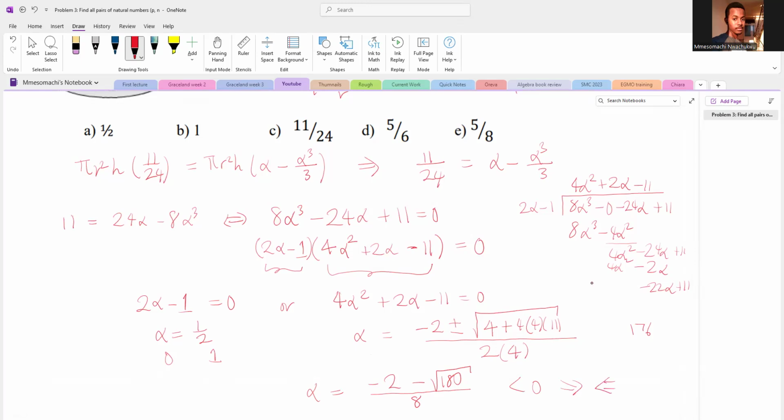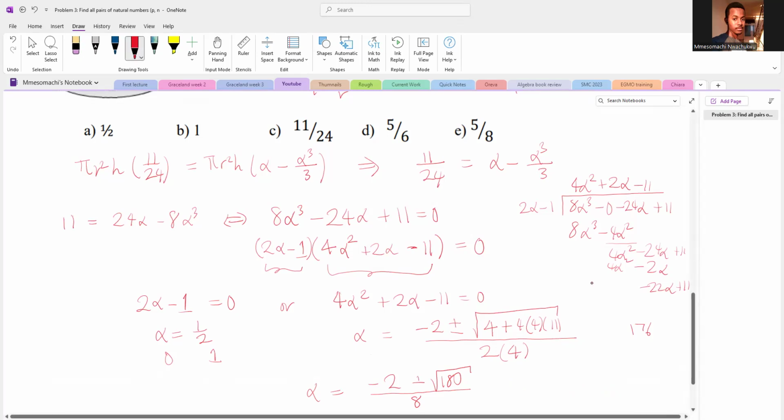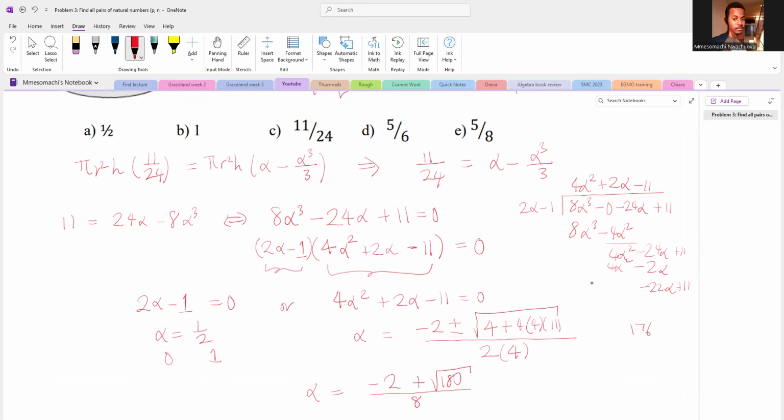So let's look at the other possibility. If this is positive, let's see what this gives. The square root of 180 is greater than the square root of 169, so this is greater than minus 2 plus the square root of 169 over 8. Why did I choose 169?